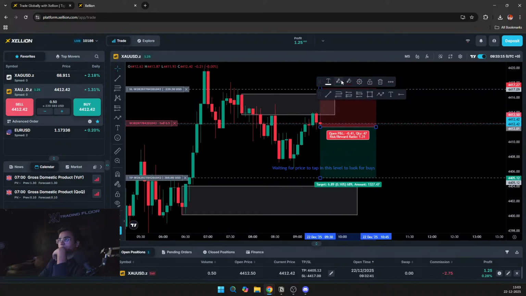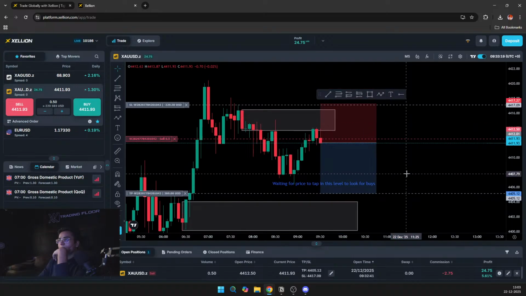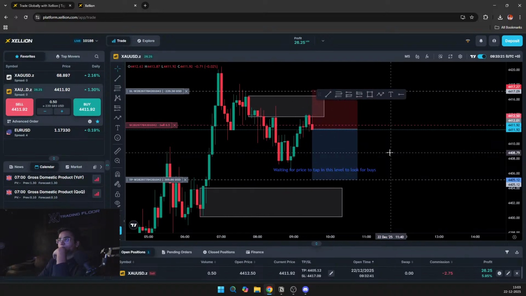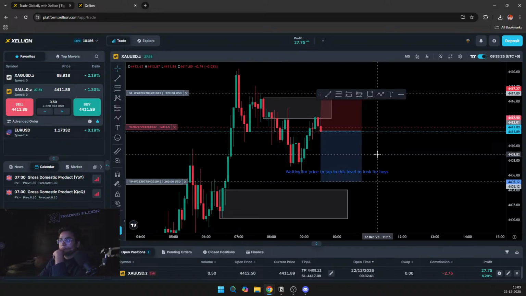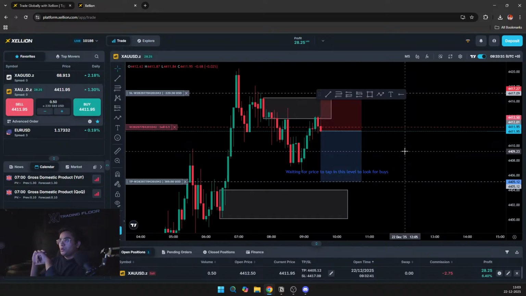Let me just change the color here to something like this. Okay, yeah, looks better. Let's see if we get a win on this trade.